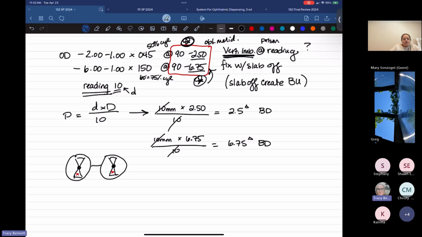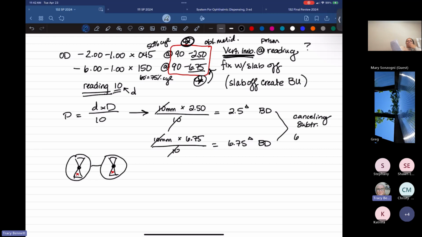These are canceling effects, correct? Because the eyes have different amounts of prism going on, but they are being sent in the same direction. So if this is canceling, we're going to subtract.